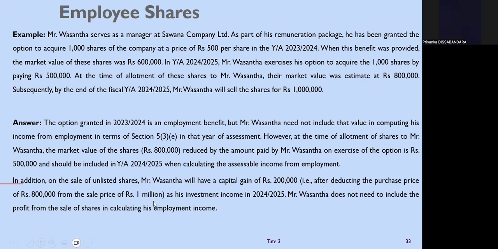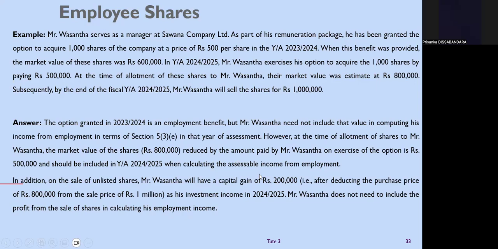The market value of the shares is 800,000, even though he purchased them for 500,000. So the difference between 800,000 and the 1 million, that is 200,000, is the capital gain.